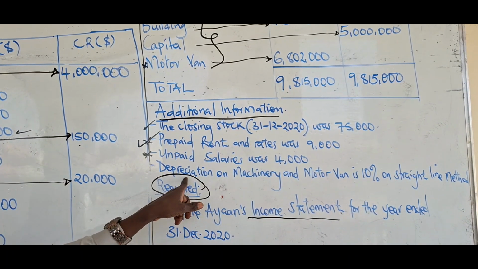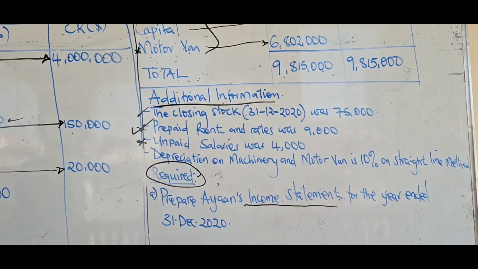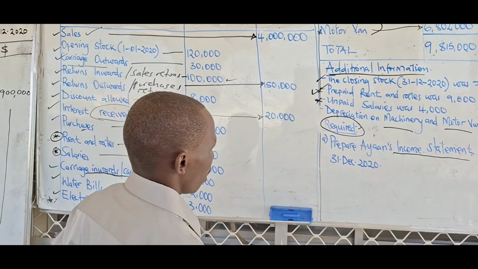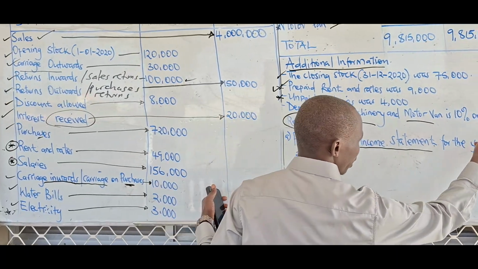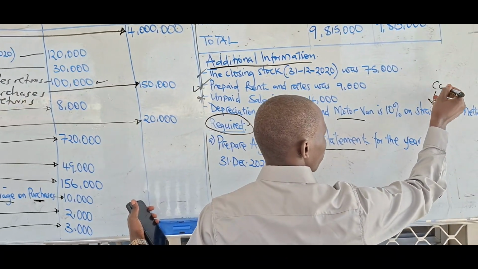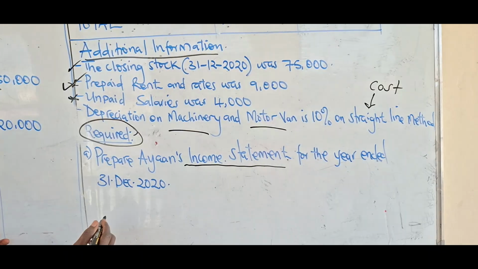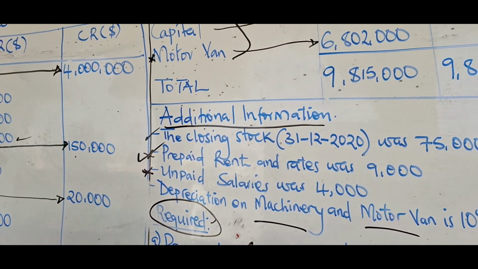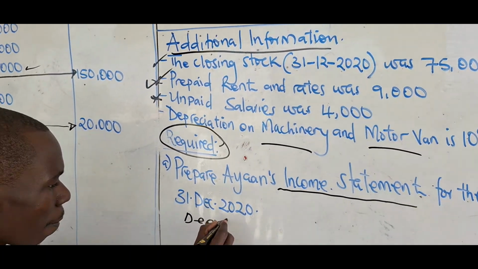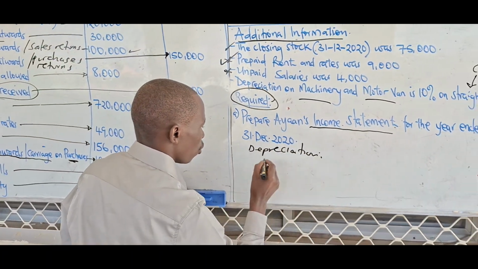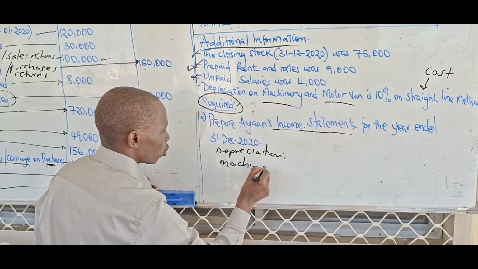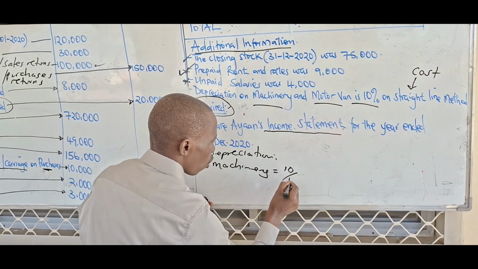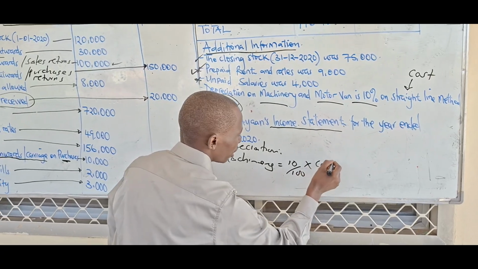But if there is information like this one, depreciation on machinery and motor van is 10% on straight line basis. You just come here and remember I told you when they talk straight line basis, it is cost method. Meaning, if I'm to calculate depreciation on machinery, and this straight line method means at cost, it is going to be this percentage given, which is 10 over 100 times cost of machinery.